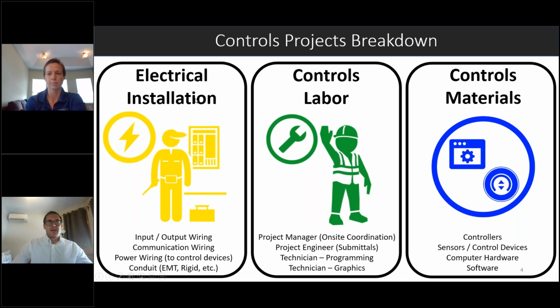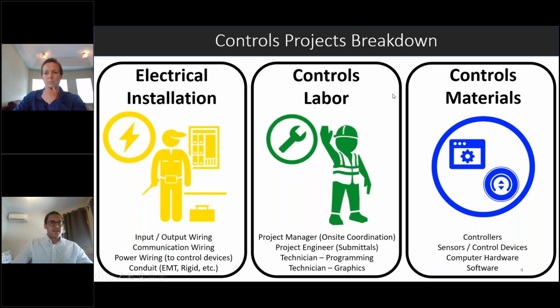Electrical installation can be a big chunk. I know for me in New York City, union labor electrician rates are pretty expensive. So that cost can represent anywhere from 30 to even all the way up to 70% of the overall controls project cost.